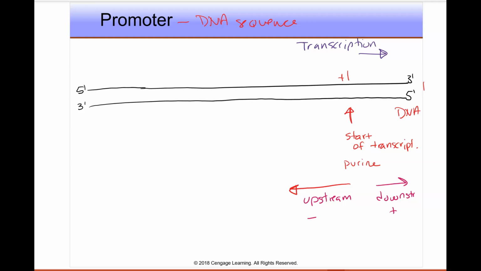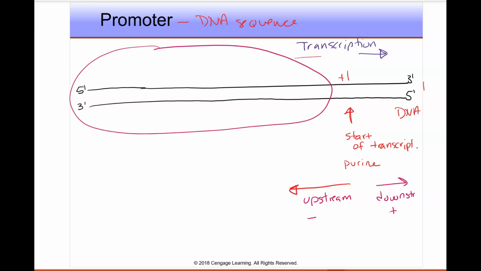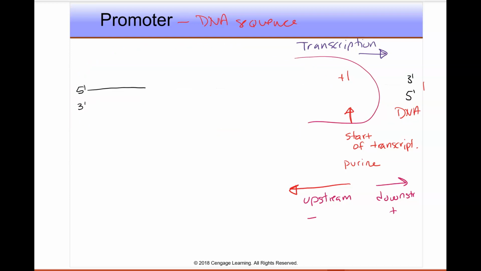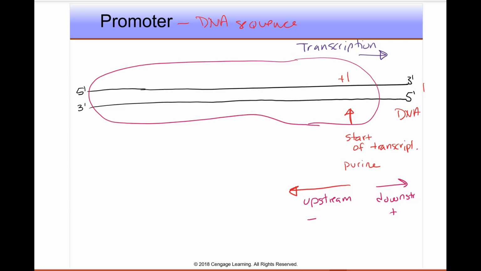Our promoter is this region of DNA, actually including the start site. So the promoter is DNA upstream and including the start site of transcription.